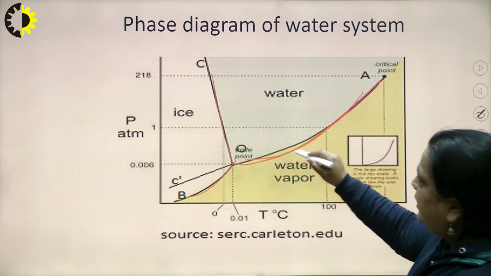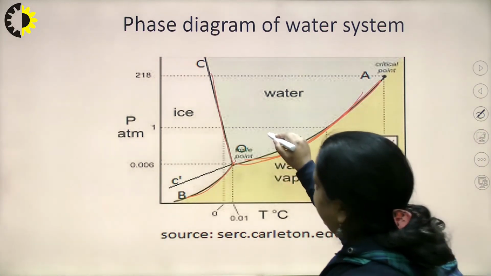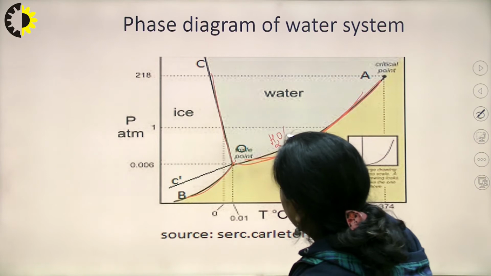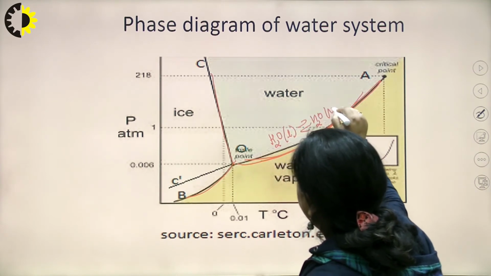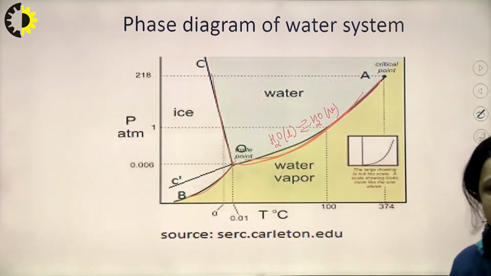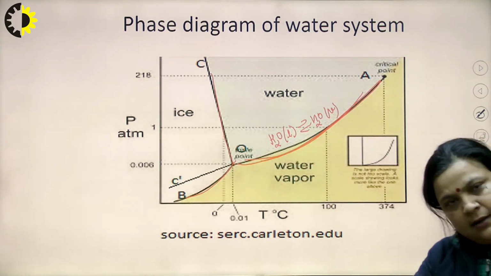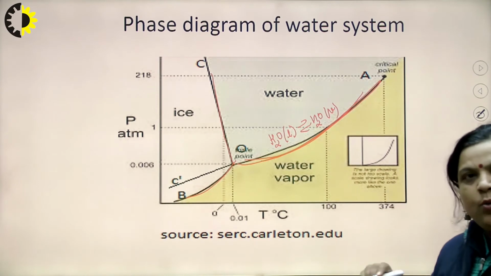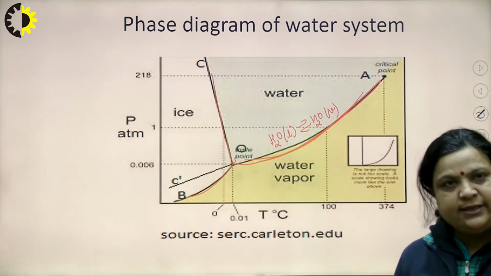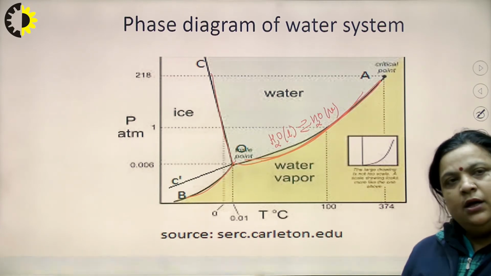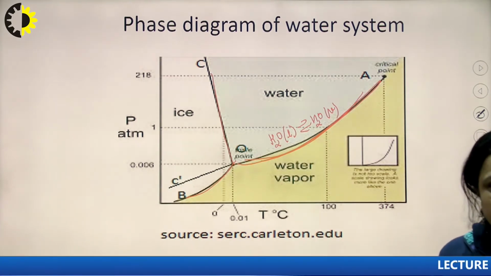It means along this curve H2O liquid is in equilibrium with H2O vapor, and since the liquid converts into vapor, we can say this curve is the vaporization curve of liquid or water.